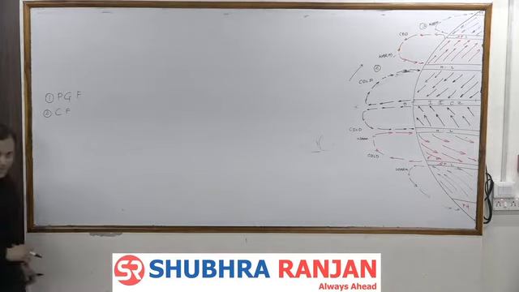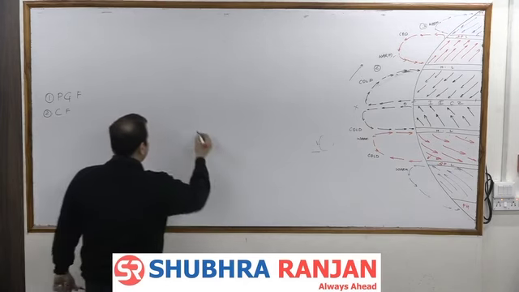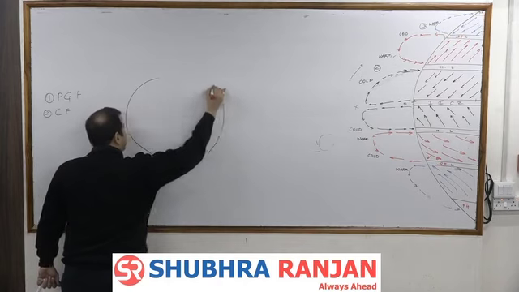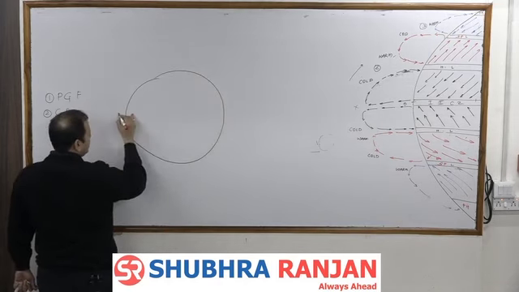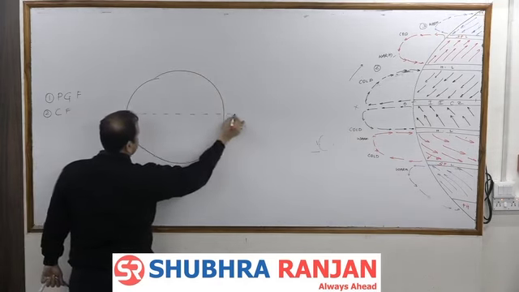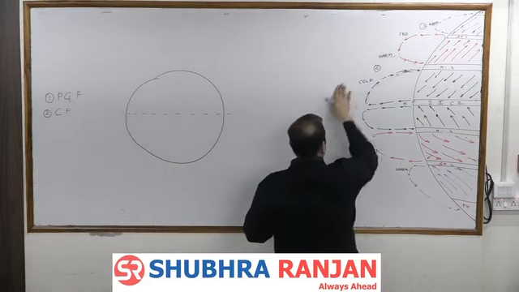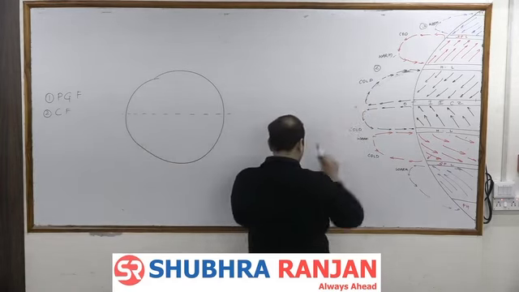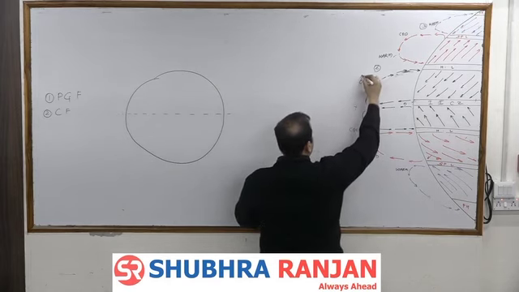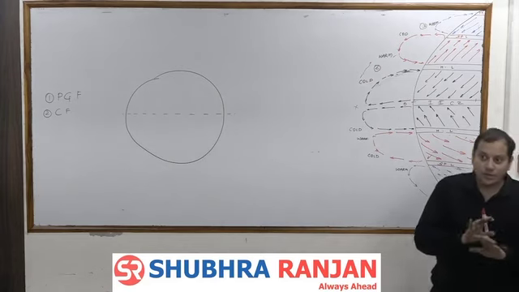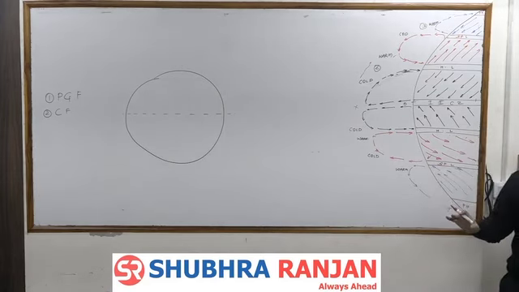So the wind starts moving. Now I am taking this as the side view of our globe. This is the equator. समझ में आ रहा है? Now if the wind starts moving from this part, cold to warm, with a very, very high speed, because the frictional force is absent.